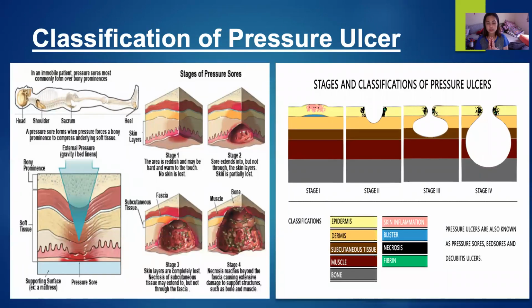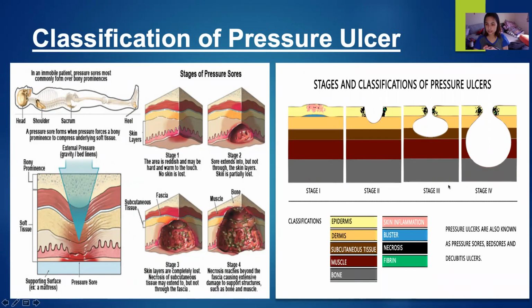Okay? So, according to the layers of the skin, we can classify what stage or classification of pressure ulcer we have. If we're talking about stage 1, yellow is your epidermis. So the affectation of stage 1 is only the epidermis. Stage 2, the affectation is epidermis and your dermis.